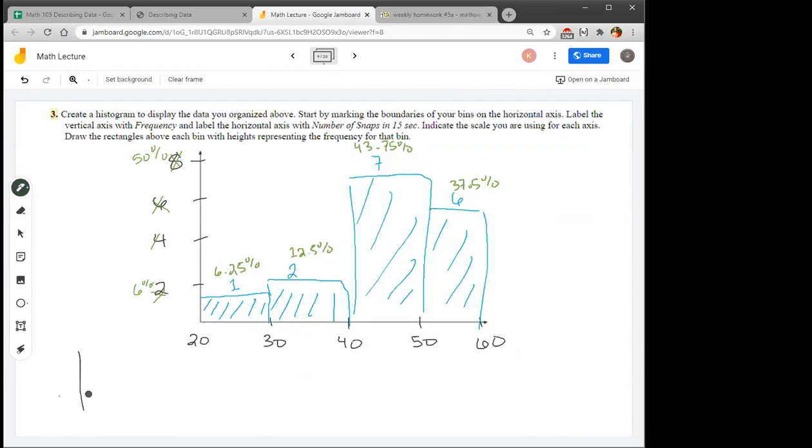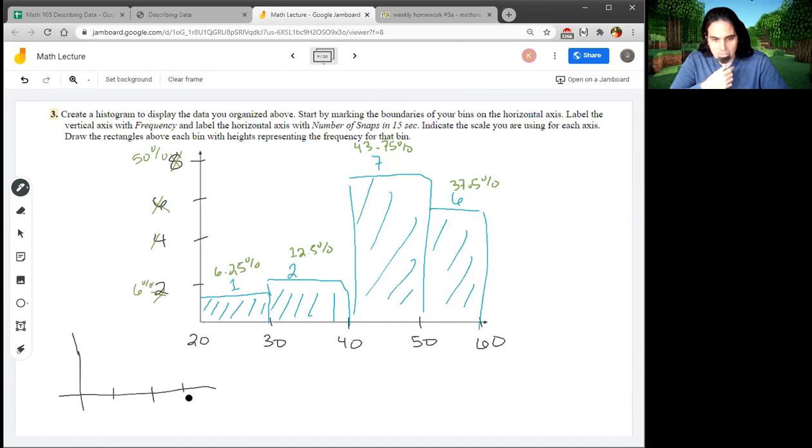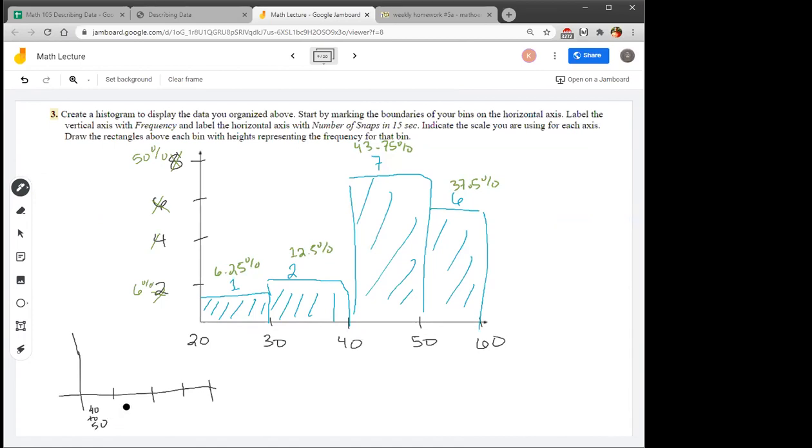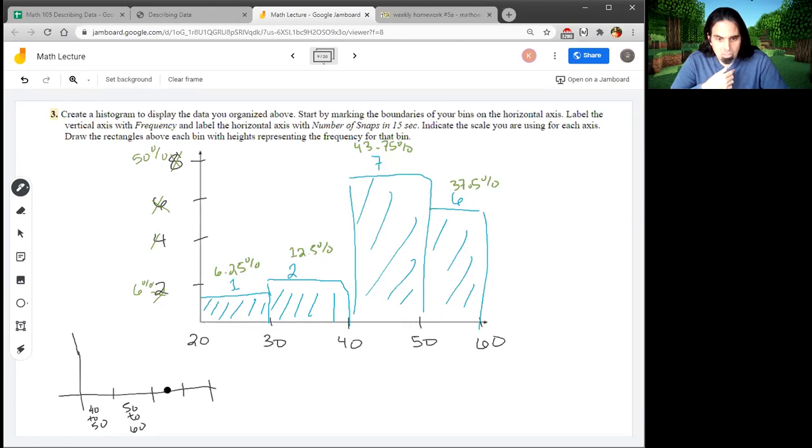I could draw a new chart and have 4 bins, and this bin is the 40 to 50 bin. This bin is the 50 to 60 bin. This bin is the 30 to 40 bin. And this bin is the 20 to 30 bin. And then when I did draw my bars, they would be in decreasing order.